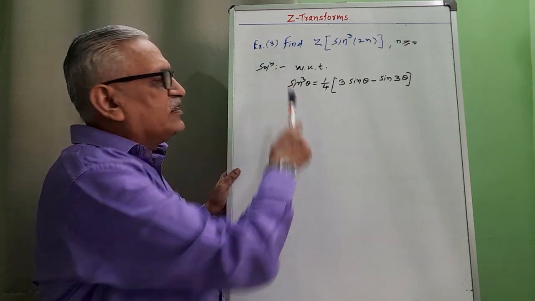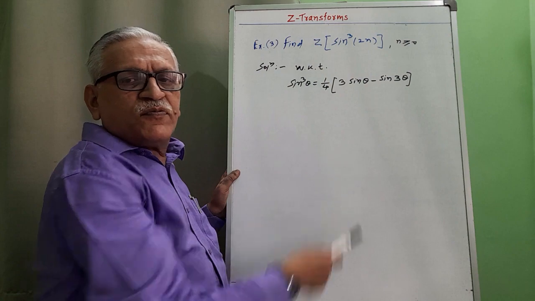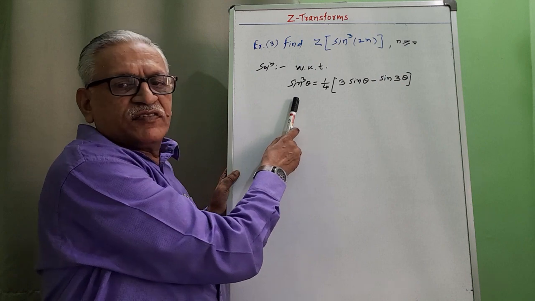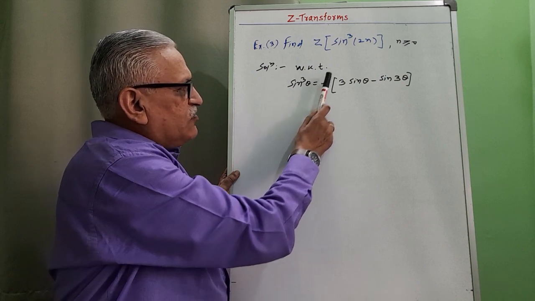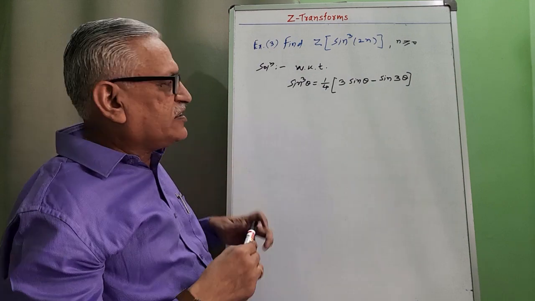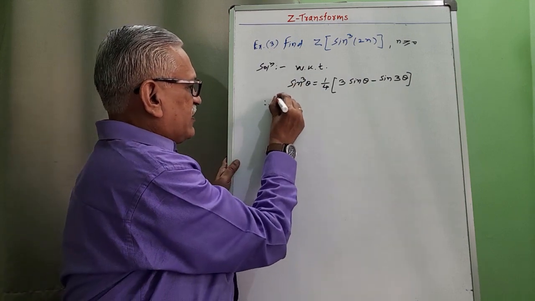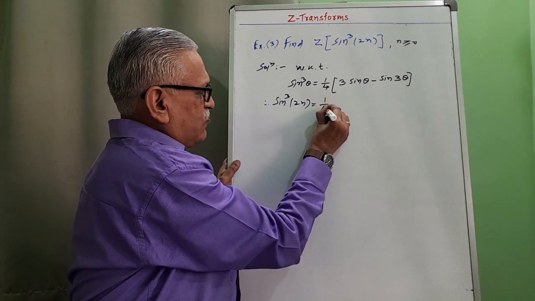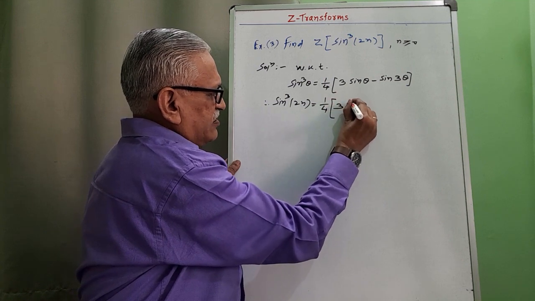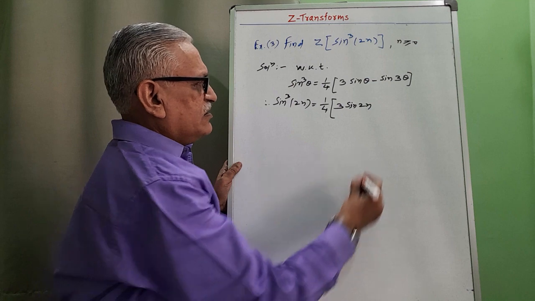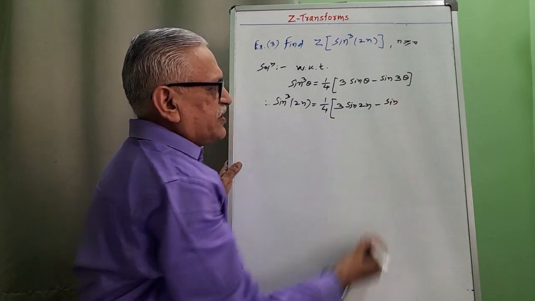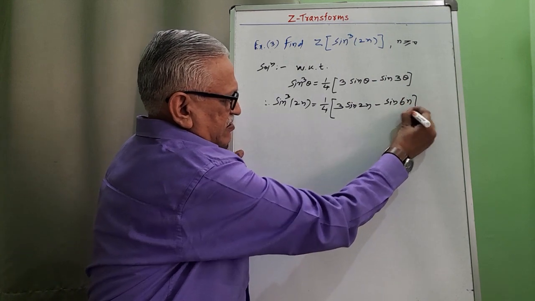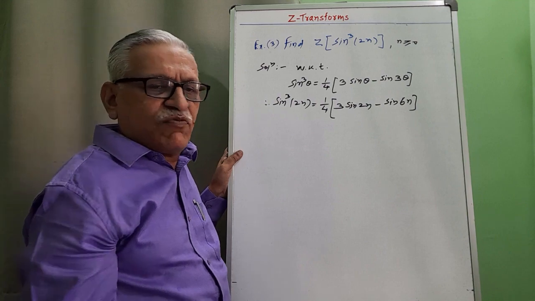Next example number 3, find Z transform of sin³(2n), condition n greater than or equals to 0. To determine its Z transform, we take the help of this standard result from trigonometry. Sin³θ is 1/4 times (3 sin θ minus sin 3θ), and therefore applying this we get sin³(2n) as 1/4 (3 sin 2n minus sin of 3 times 2n, that is sin 6n), and then we can take Z transform on both sides.